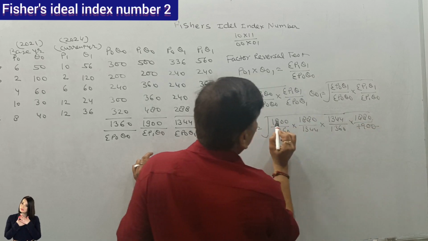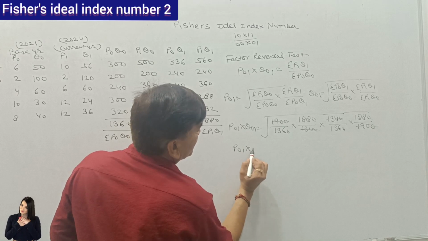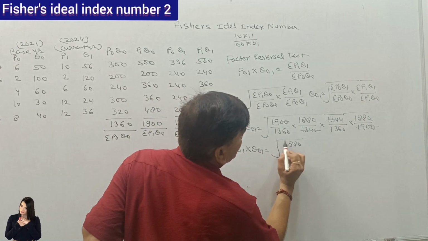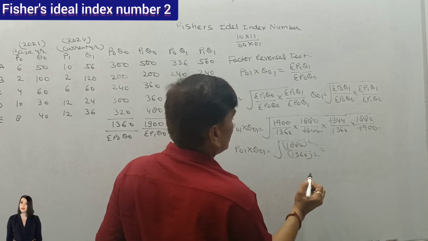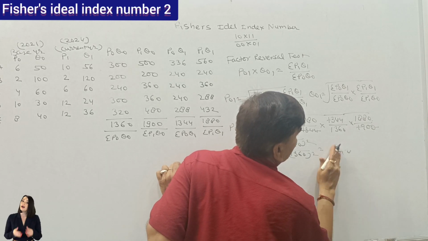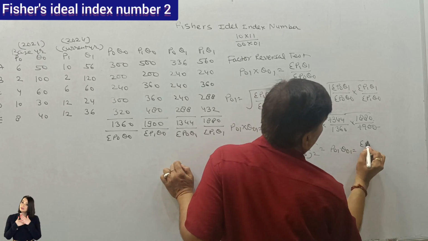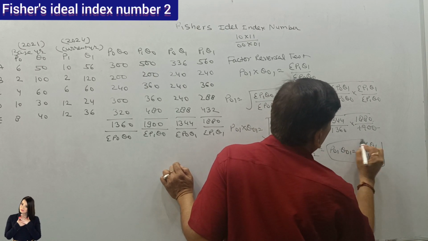So 1900 cancels, 1344 cancels. P01 times Q01 is 1880 square divided by 1360 square, equal to sigma P1 Q1 over sigma P0 Q0. It's proved.